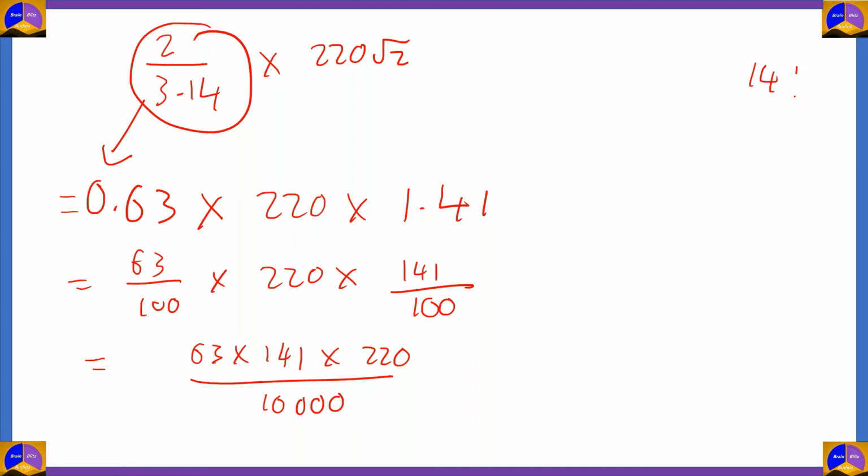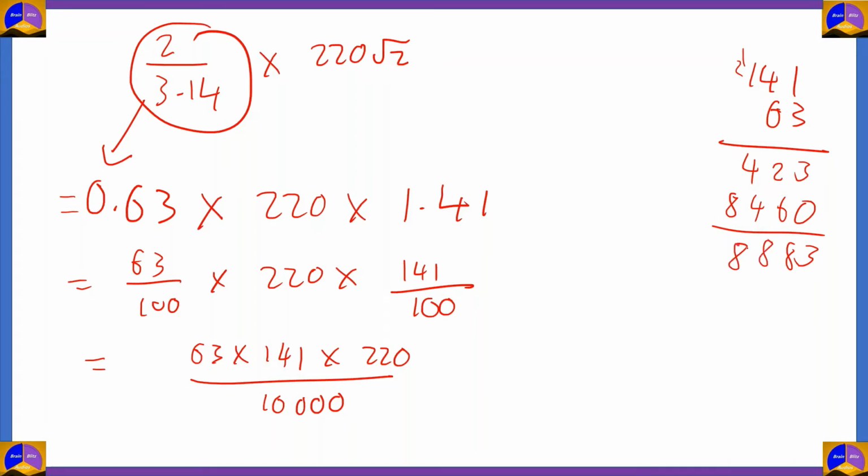Let's multiply 141 and 63. This should be easy. 1 times 3 is 3, 4 times 3 is 12, 1 times 3 is 3, 3 plus 1 is 4. 1 times 6 is 6, 4 times 6 is 24, 1 times 6 is 6, 6 plus 2 is 8. So now we have 3, 8, 8, 8 on addition. And we're dividing this value by 10,000, so we'll get 0.8883, which we can write as 0.89.